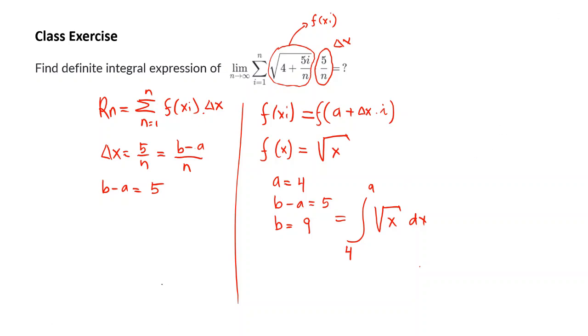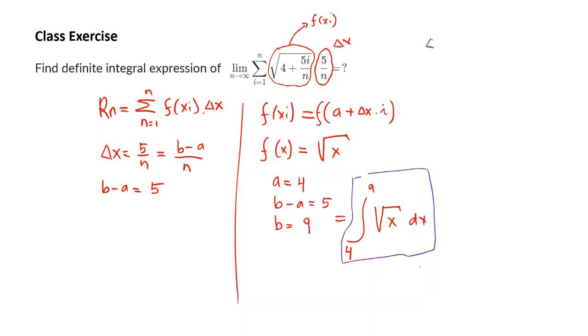To make sure our answer is correct, we can always check back according to the procedure we used in the previous exercise. So now we want to revert this definite integral back into the Riemann sum form.